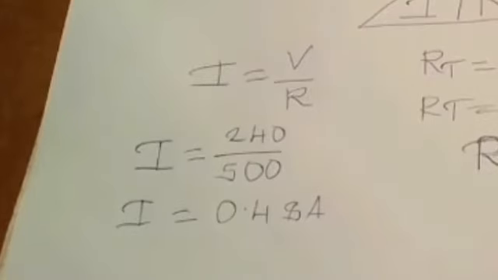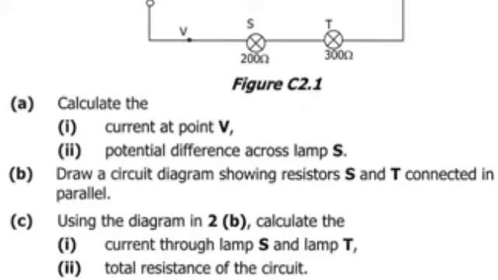0.48 amps. So the next question is asking us to find the potential difference across lamp S. Please note that potential difference is the same as voltage.